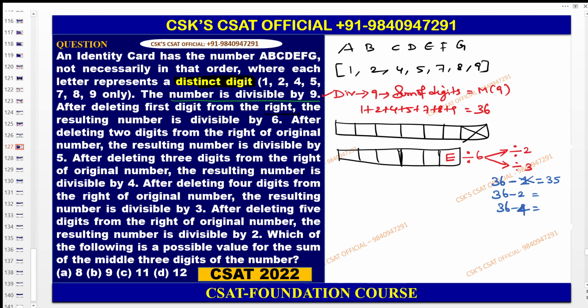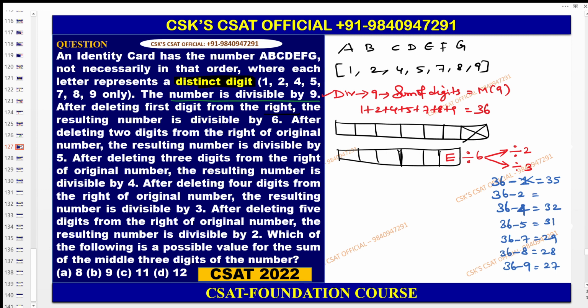Let us take the 4 here, 32 here. 36 minus 5, 31 here. Then 36 minus 7, 29 here. 36 minus 8 is equal to 28 here. 36 minus 9 is nothing but 27. After leaving that box, whatever the resultant is, it must be a multiple of 3.